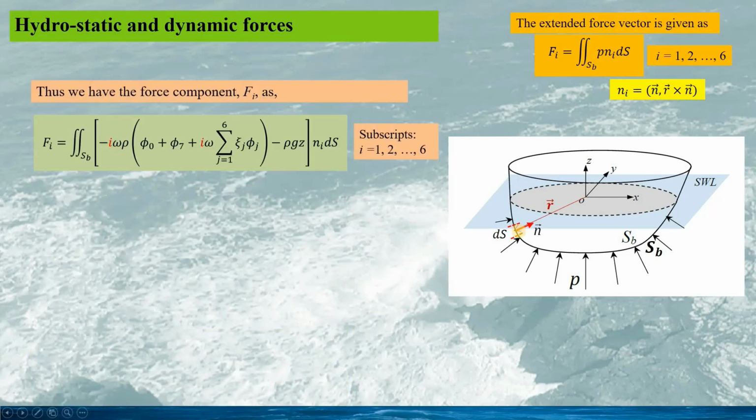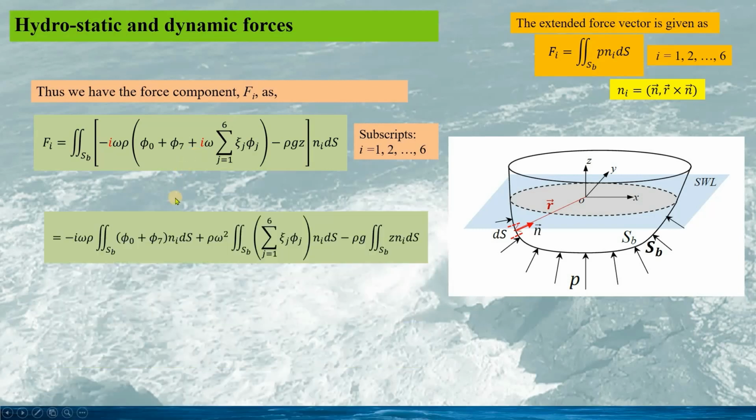So substitute the fluid pressure into the integral for the force component. We have the force F_i given as this. Here we should notice the difference of the subscript i, the F_i and the n_i here, and the imaginary unit i here and here, the letter i.